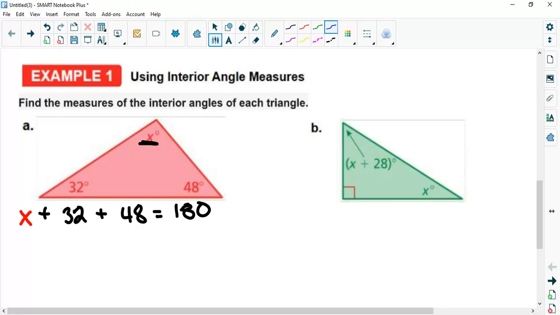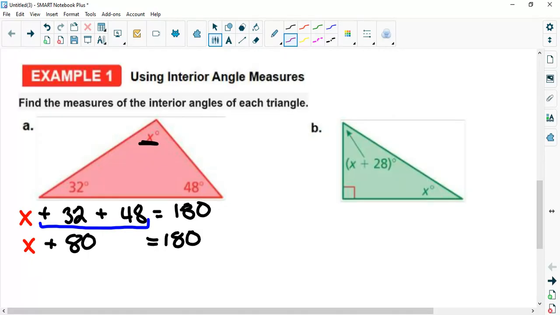When solving this equation, the first thing we would do is combine like terms. And 32 plus 48 comes out to be 80. I almost have the x by itself, but it says x plus 80.